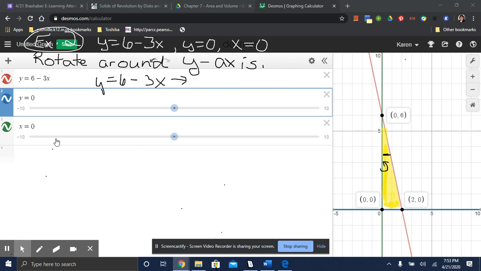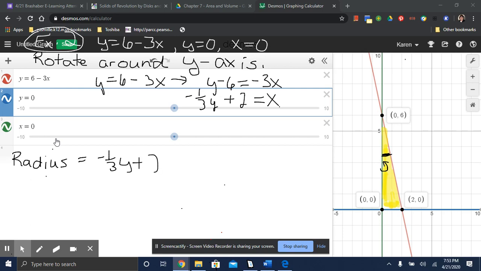So you could minus 6 and then divide by negative 3, and that's going to give you negative 1/3 y plus 2 equal to x. And that is going to be the measurement of this radius that I've drawn in for us. So in this problem, our radius, because we're rotating it around the y-axis, will be negative 1/3 y plus 2.